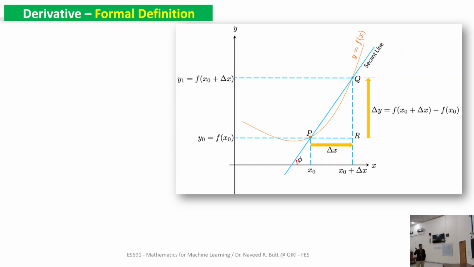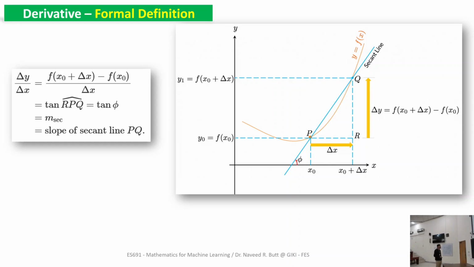This thing forms a secant line cutting the curve in 2 points, right? Now the question we ask ourselves that leads to differential calculus basically is, what happens as this delta x approaches 0, as I keep making delta x smaller? Firstly we recognize that delta y over delta x is basically the slope of the secant line.